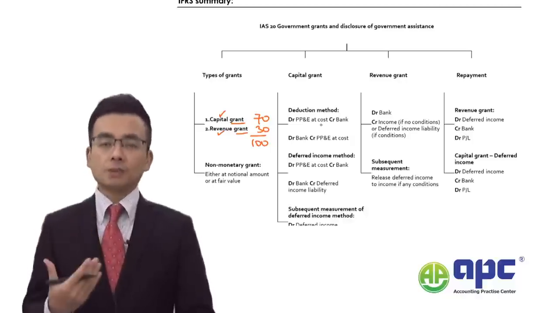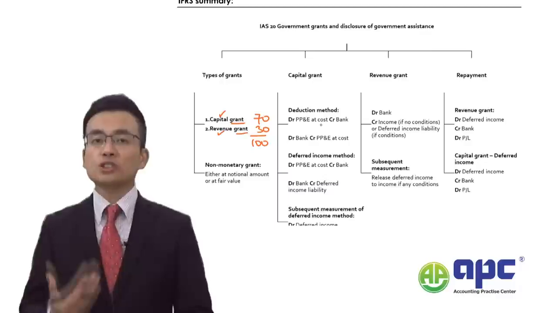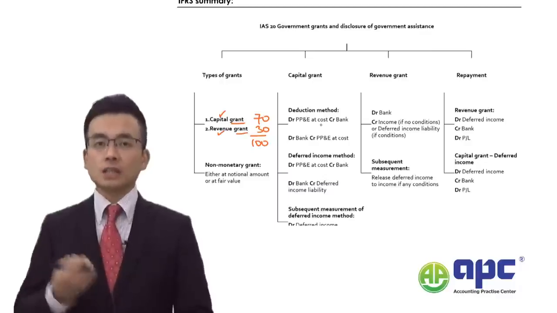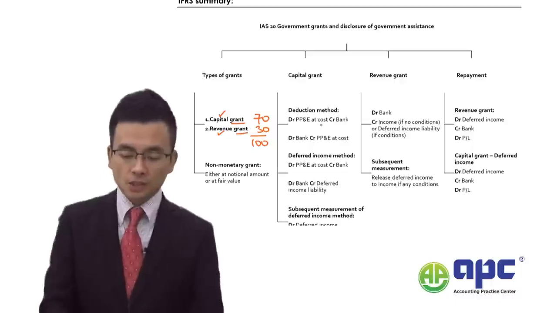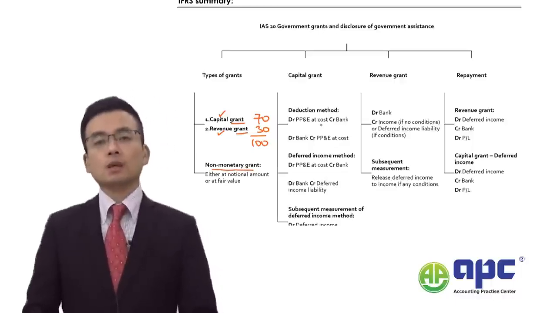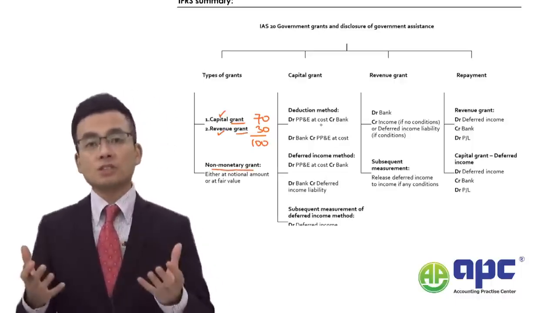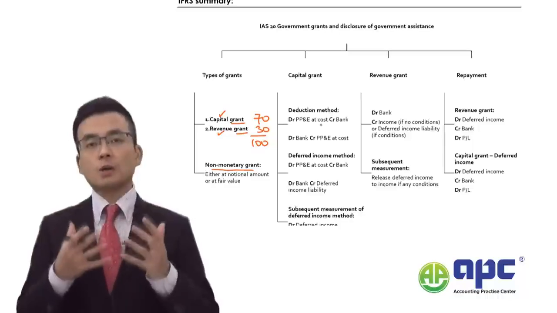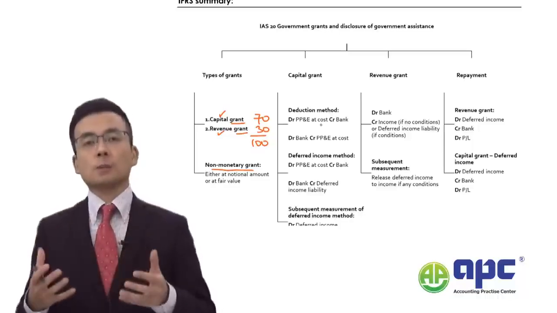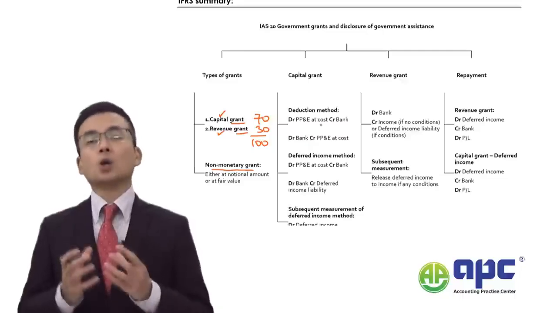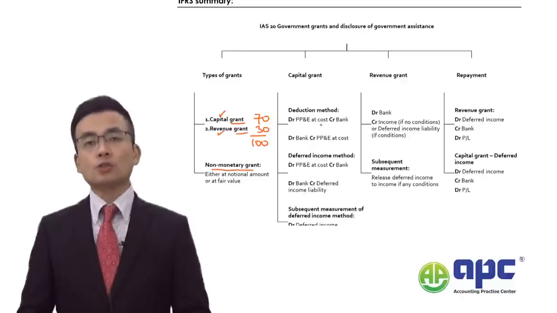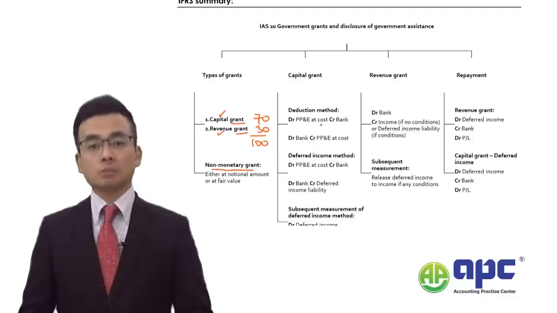Second, if the government decides to give you some certificate that itself does not have material value, in other words, these are non-monetary grants. For example, a green certificate, which you can resell to third parties to gain profit. If this is the case then, according to IAS number 20, you've got two choices here. It's your accounting policy.